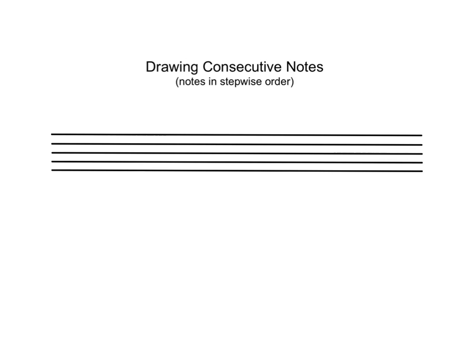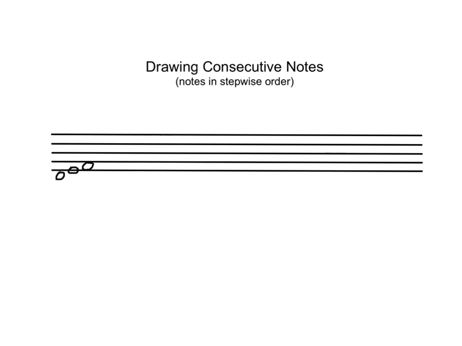So let's start here on the note that's the space below the staff. Now when we draw consecutive notes, we always have to remember to alternate lines and spaces. So if we're going up in pitch and we start on a space, the next note has to be on a line. So the next note after this note is on line 1. So after a line we need a space, so the next note is on space 1.